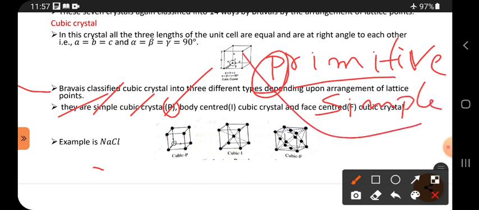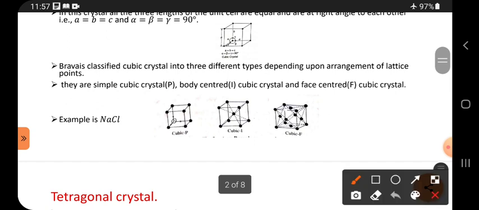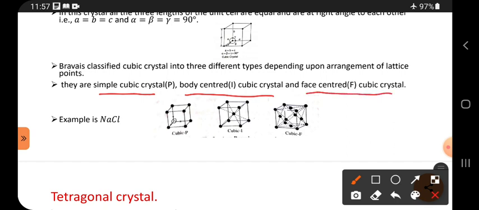These things are given at the end of this video, so that is why you must watch till the end. So: simple cubic crystal, body centered cubic crystal, face centered cubic crystal. Like this, three different types are there, and those three are given here.